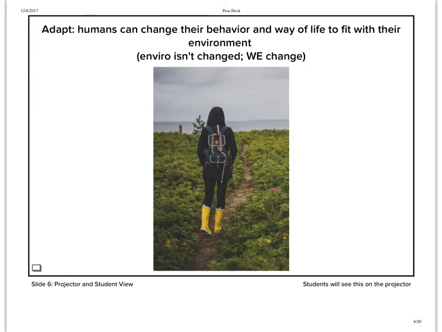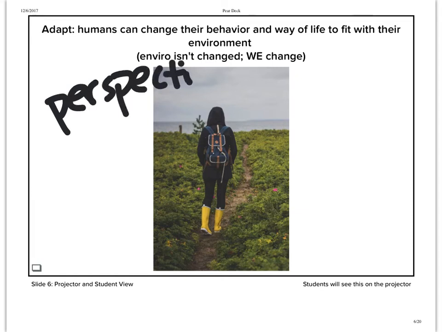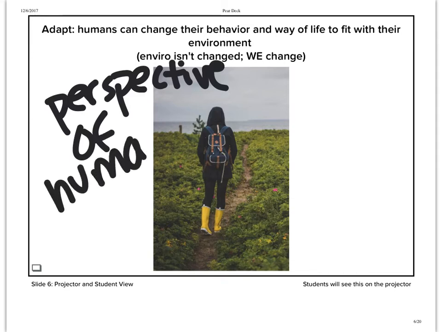Level 2 is adapt. So your next word is adapt. When we're thinking about adapt, we are talking about from the perspective of human beings. Humans adapt or change our behavior and our way of life to fit within our environment.